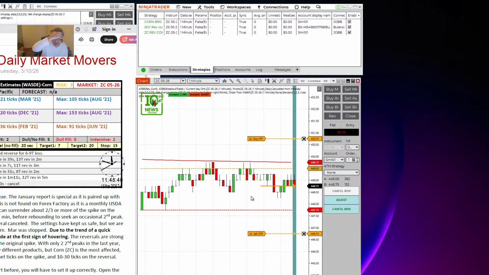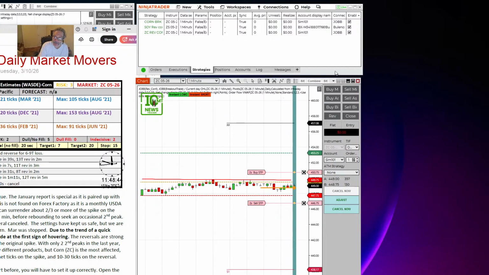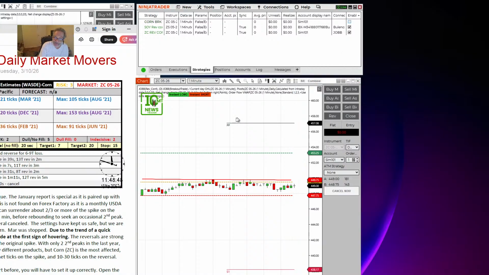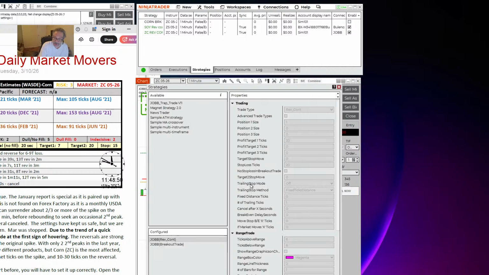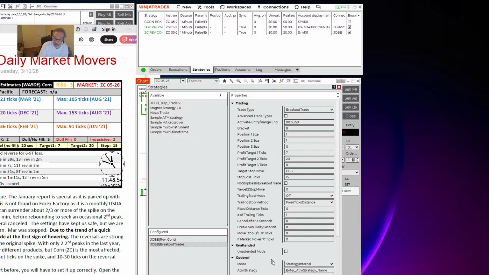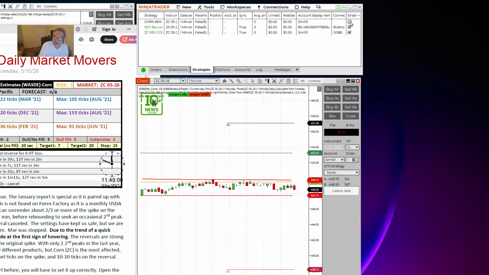And you can't calculate until there's actually price, right? Right click the strategy. I want to go to optional, highlight the breakout, and I'm going to uncheck show the vertical line on entry. I don't need that line.